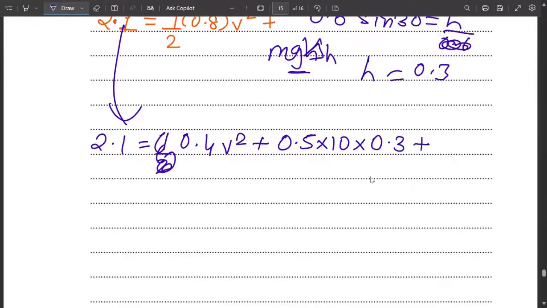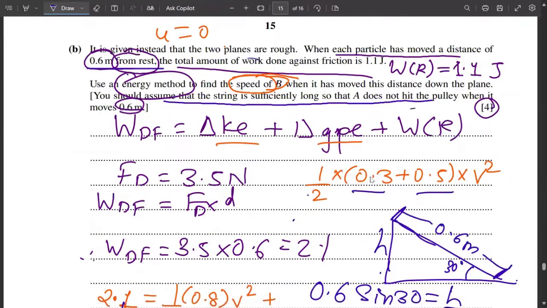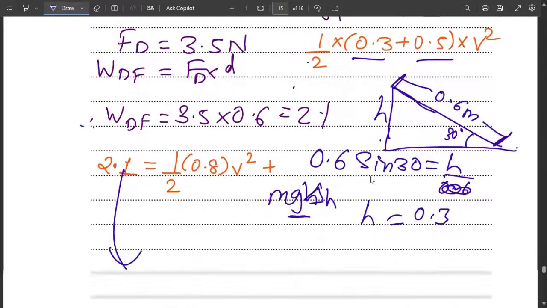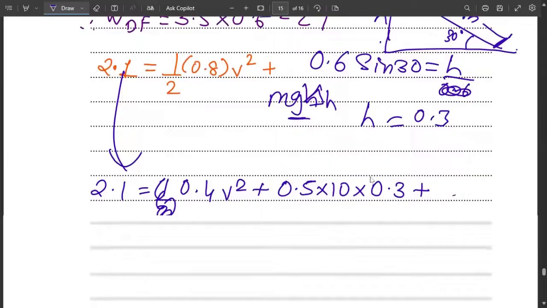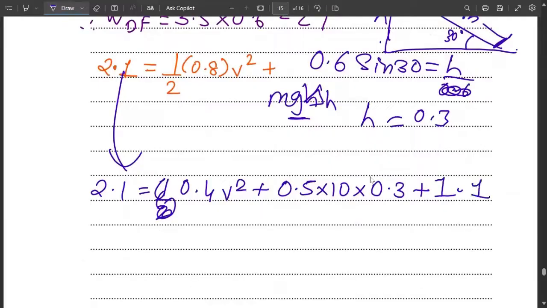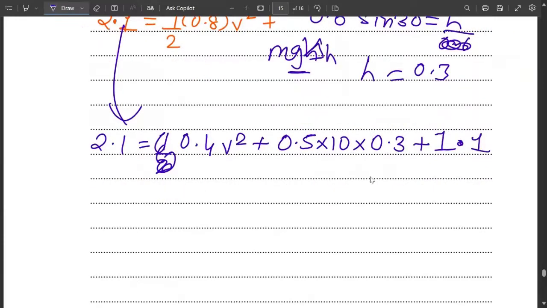Plus, what was the other thing? Work done against resistance. Now they have already told us that the total amount of work done against friction is 1.1 joule. So no need to worry. We can simply write 1.1 joule here. This is the work done against friction.